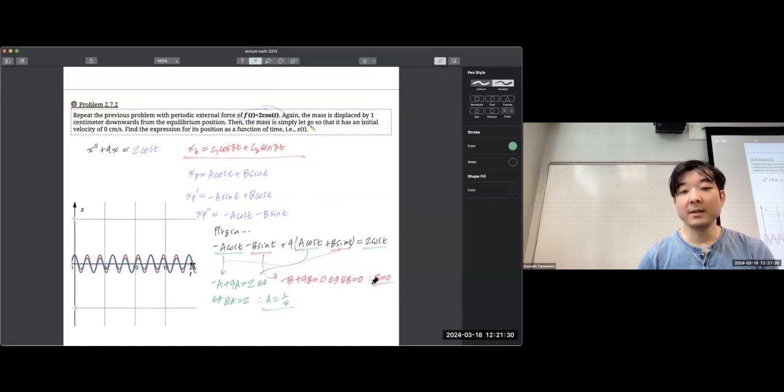And because b is 0, your particular solution, okay, we'll just go up here now. Say your x of t is going to be this form, but with b being 0, that means that a is equal to 1/4, so it'd be 1/4 cosine of t plus the homogeneous solution, which is this stuff.